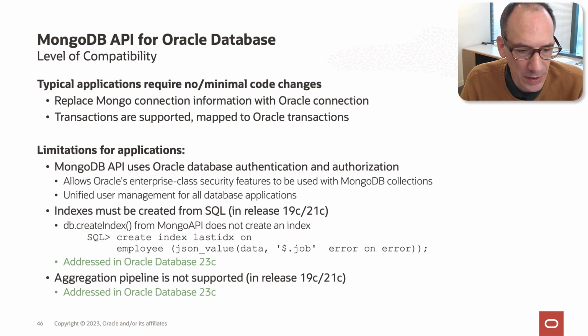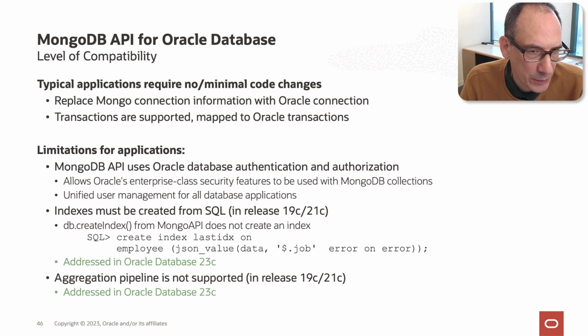So if you run on Autonomous database, or Autonomous JSON database, and you have some filter expressions, they usually get pushed down to the storage cell. So you get very good performance even without an index. So it's generally recommended that you not blindly translate every MongoDB index to an Oracle index, because it may not be needed. This is where you just get better performance out of the box.